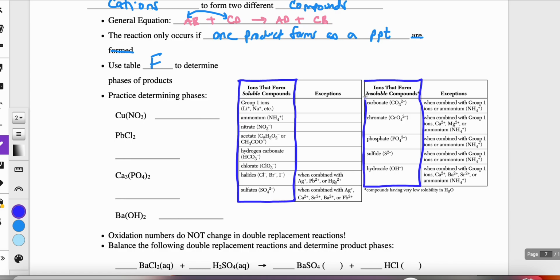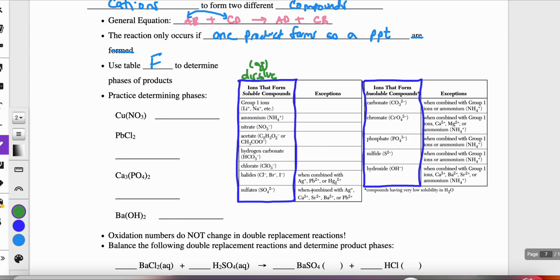So let's write down some ideas about what these captions mean for each of these tables. These ions, when they are a partner in a compound, they typically form soluble compounds. That means that they tend to dissolve. So if they are formed in a reaction that occurs in water, their phase is going to be aqueous.